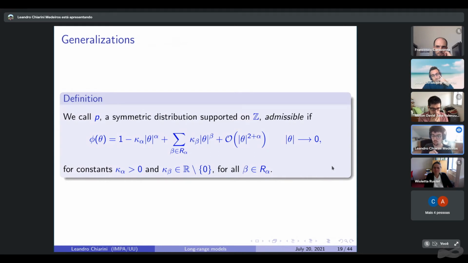But it still helps with Green functions, because in local CLTs we're really comparing against the random walk, and in Green functions or heat kernels, we're comparing against the Levy process. And there it's nice to have more terms.